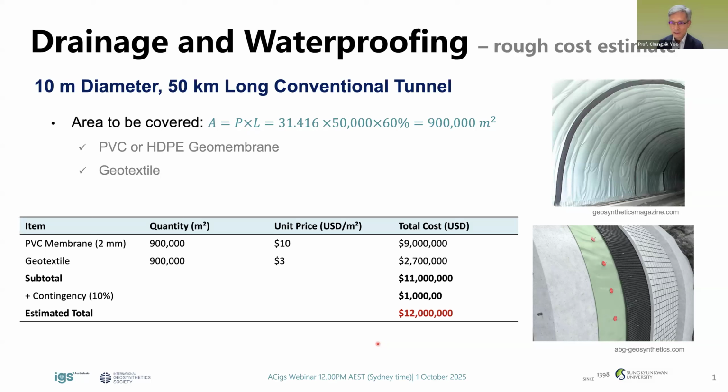In terms of materials, we typically use PVC or HDPE geomembranes as a waterproofing layer, and geocomposite. Estimated total: 12 million US dollars. So it's a lot of money.